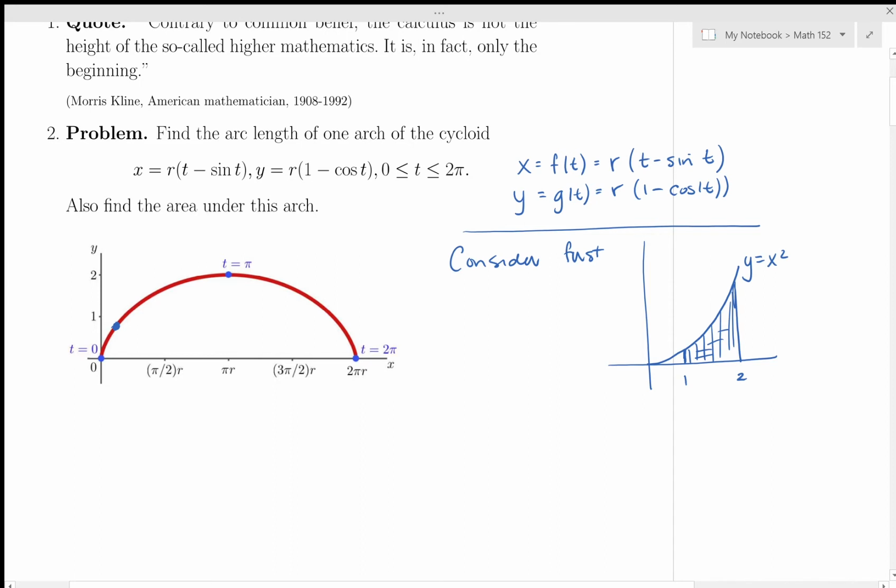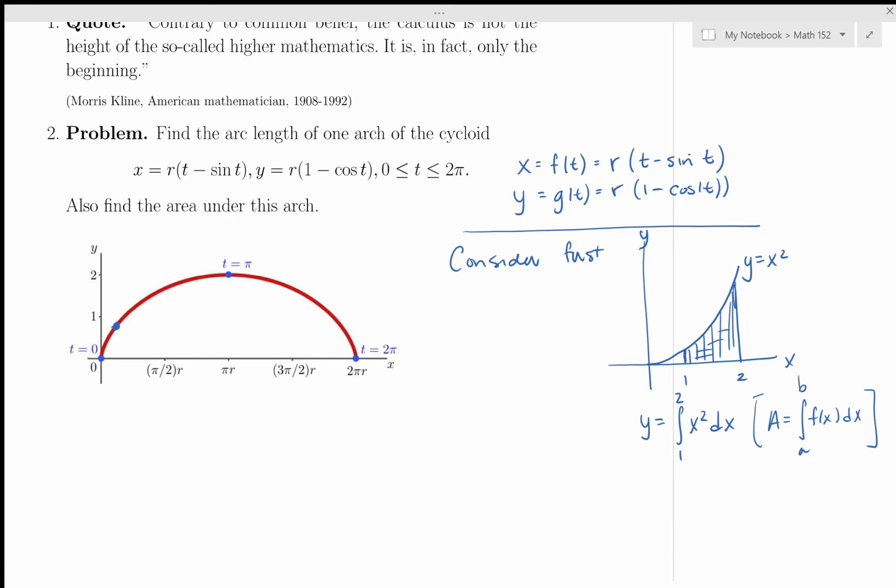This is the y-axis, this is the x-axis. The area here would be the integral from 1 to 2 of x squared dx. That's a specific example of the general fact that the area under a curve is the integral from a to b of f of x dx.